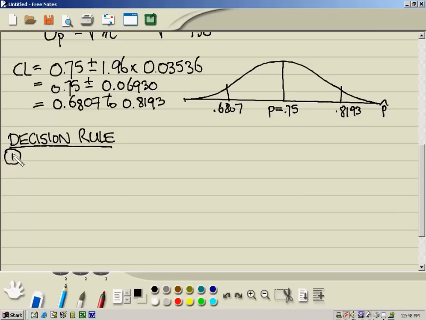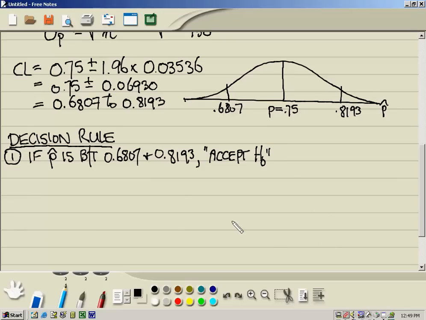The first part corresponds to the null hypothesis. If we get a sample proportion p-hat which is between those two numbers, 0.6807 and 0.8193, just like the first problem, we'll accept the null hypothesis as being likely. Again, we'll clean that up later. If it's in here, it's close to the believed value, so we'll say that the belief looks good.